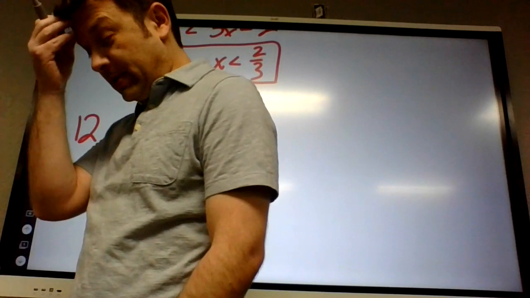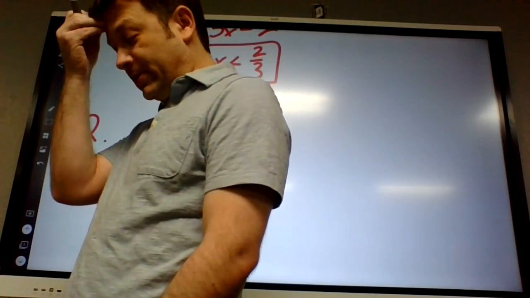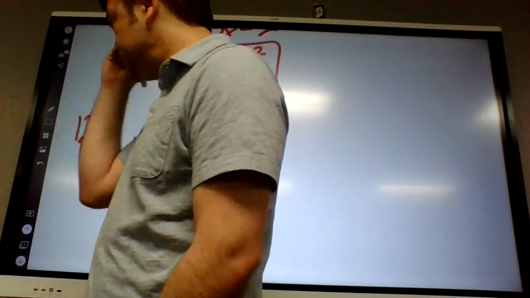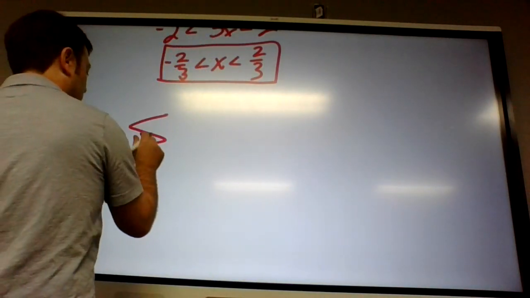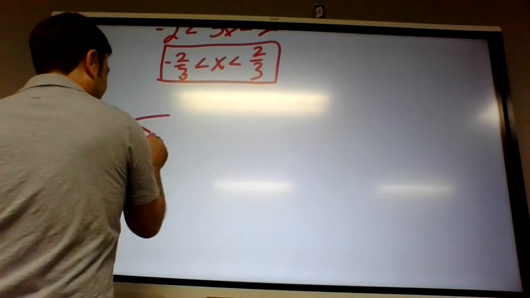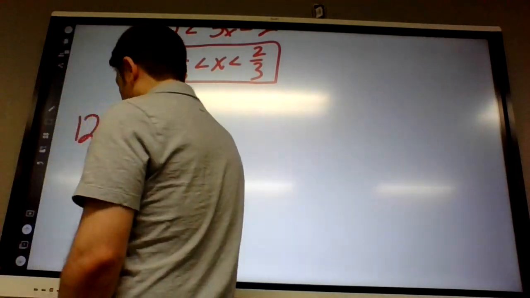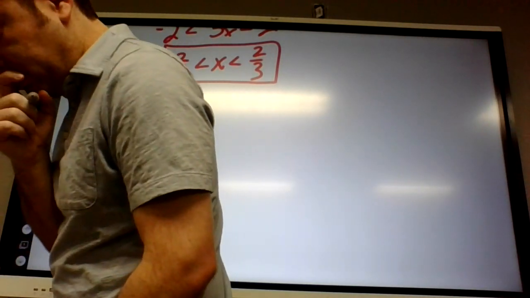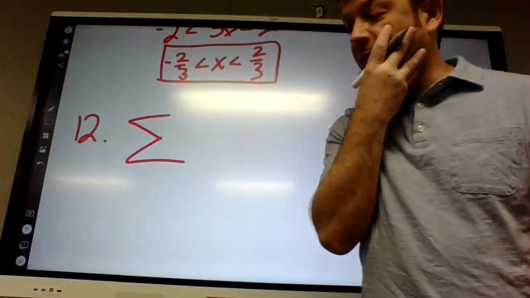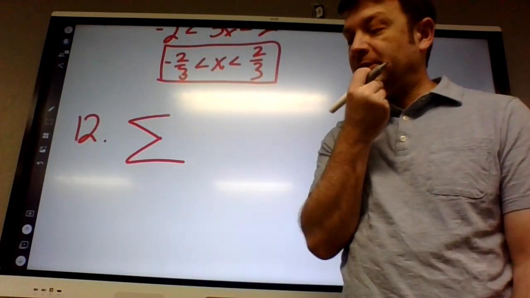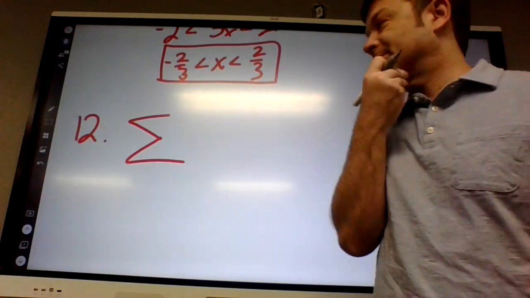Number 12. Express each of the following series using sigma. Alright, that's what we're just doing. There we go. Beautiful. Alright, so can you guys tell what the pattern is on 12A?